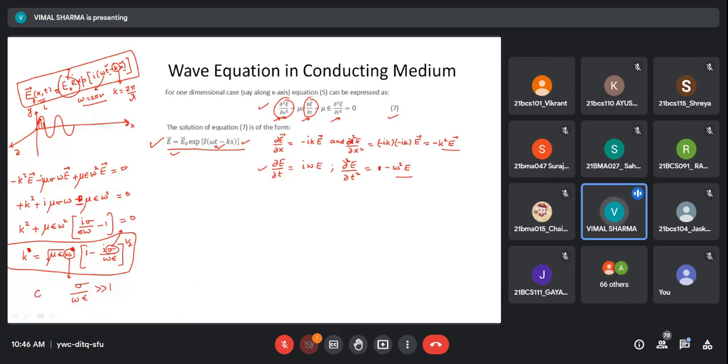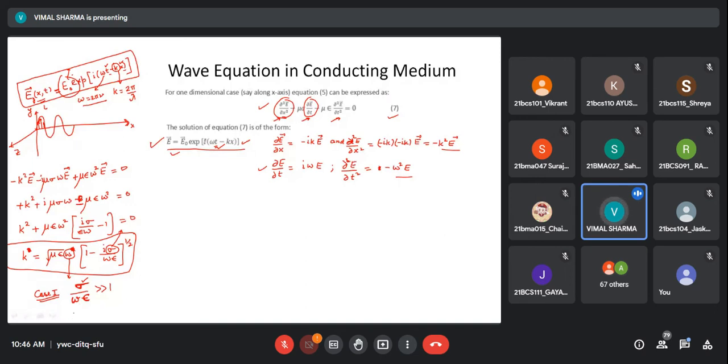I'm talking about what type of medium. This is case 1. For my medium, this ratio, because this is the conductivity of the medium, this is the angular frequency of the electromagnetic wave passing through this medium, and this is epsilon, which is the permittivity of the medium.